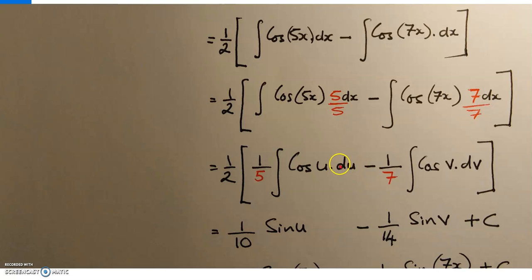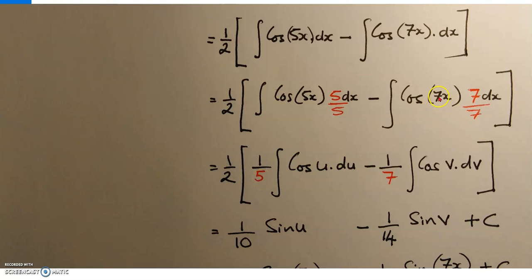However, as you should know by now, if I've multiplied the dx by 5, I've also got to divide by 5. And that 5 in the denominator can go in front of the integral sign as 1/5.